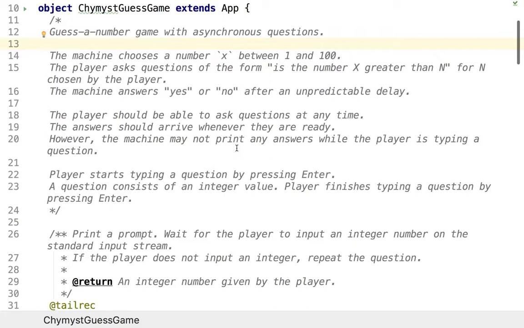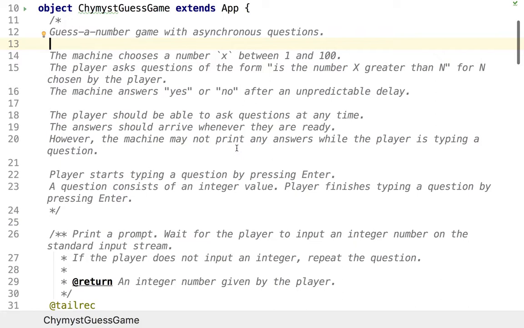However, it would be inconvenient if the answers are printed while the player is typing the question. So we introduce the constraint that the machine may not print any answers during the time that the player takes to type the question.